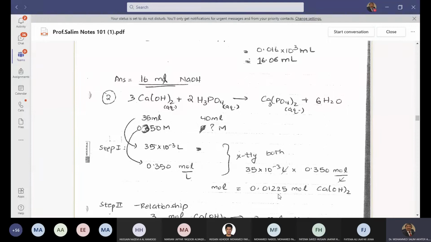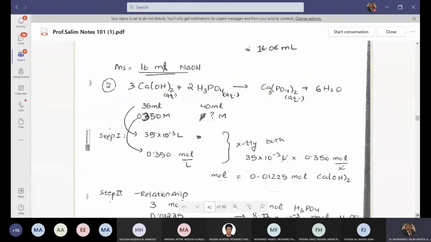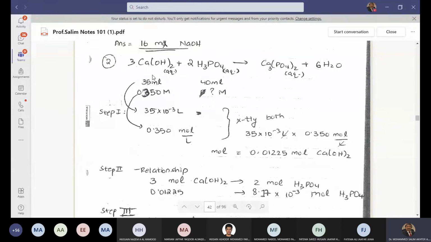If you know moles of calcium hydroxide, can I get moles of phosphoric acid? Yes. How? By the relationship. What is the relationship? 3 moles to 2 moles. 0.01225 mole calcium hydroxide times 2 over 3.